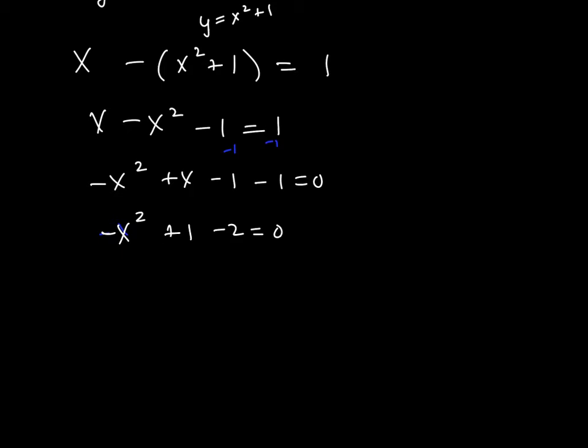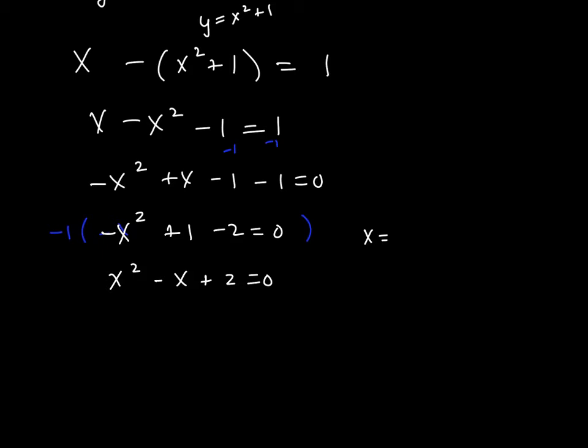If I multiply everything through here by a -1, I will end up with x squared minus x plus 2 is equal to 0. Now this equation is not factorable. I need to use the quadratic equation.